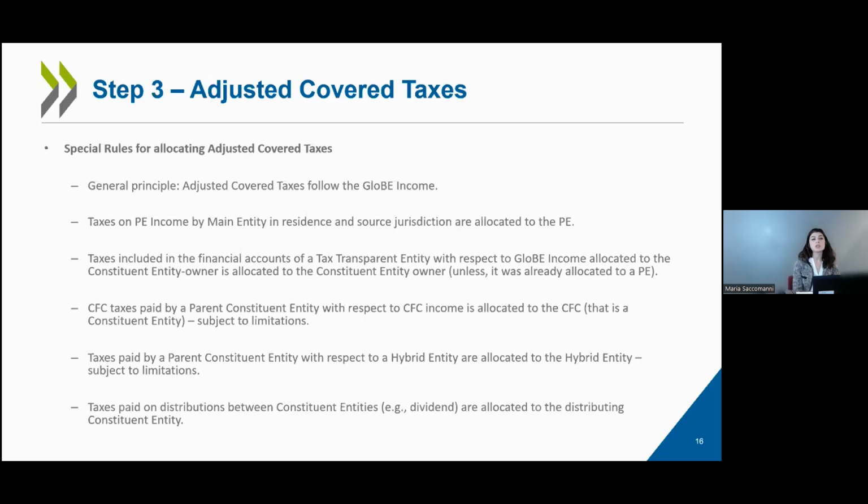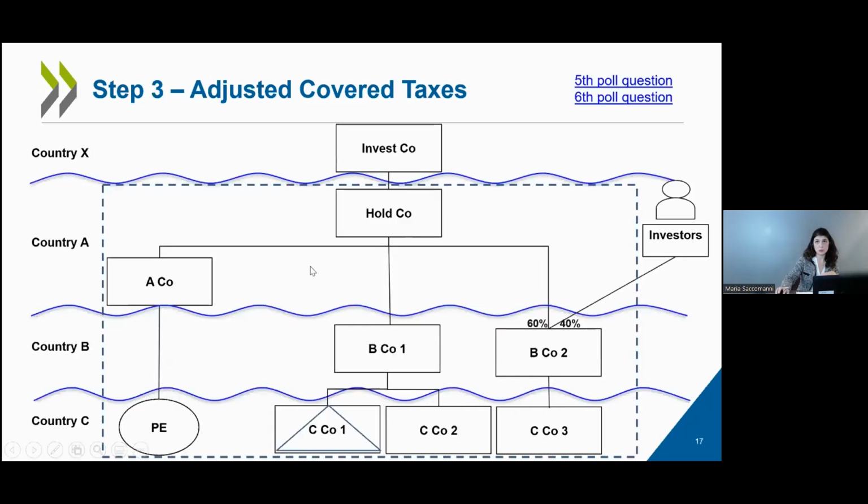The position taken by the Pillar 2 rules is a reasonable one, according to which we shall consider the jurisdiction of the distributing entity. It would have been more correct to consider the jurisdiction where there is the entity that substantially earned the income, but it would have meant that a complicated system of tracking and tracing of the intragroup dividends would have been put in place. So this is the position finally taken for Pillar 2 reasons.